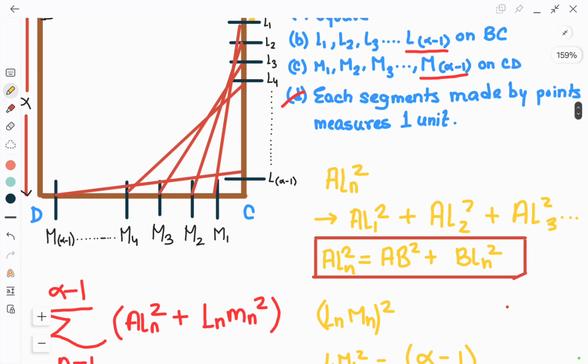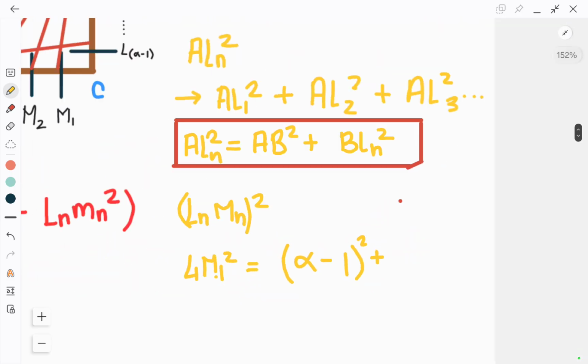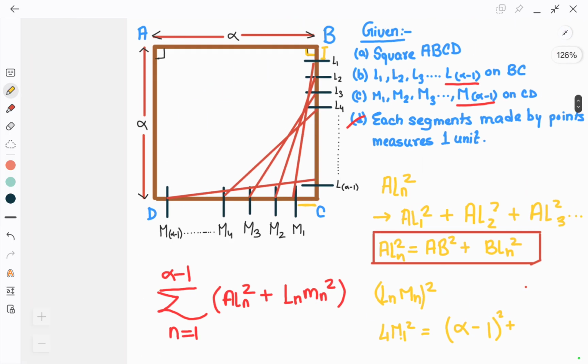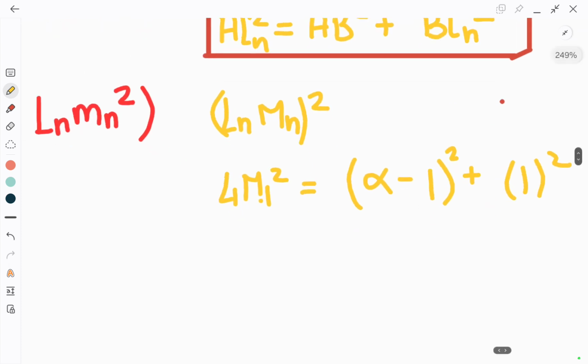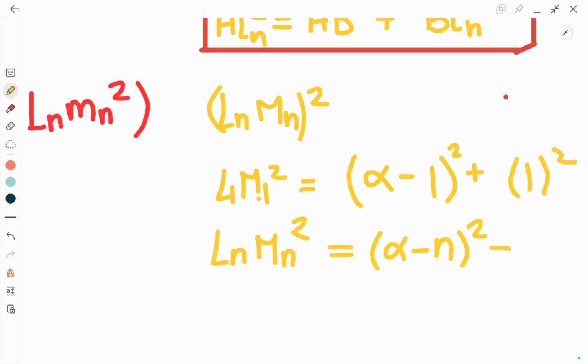So I am subtracting 1 from the whole side BC, whole square, plus here we are taking this one, so it is 1 unit, so 1 square. So upon putting n equals 1, we get L1M1 whole square equal to alpha minus 1 whole square plus 1 square. Now depicting it with a general term, in terms of n, we get alpha minus n whole square plus n square.